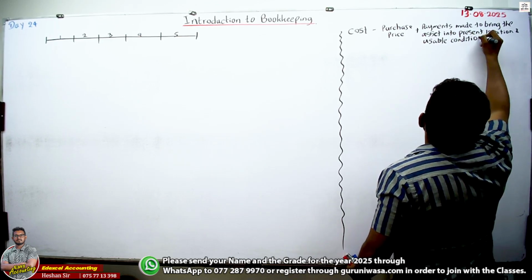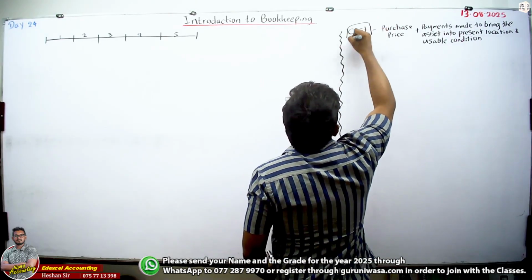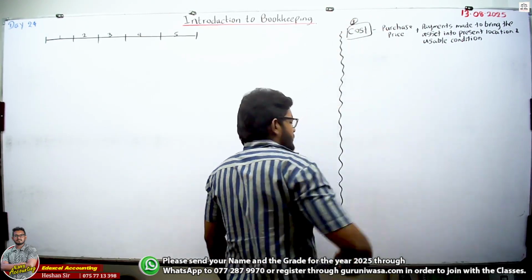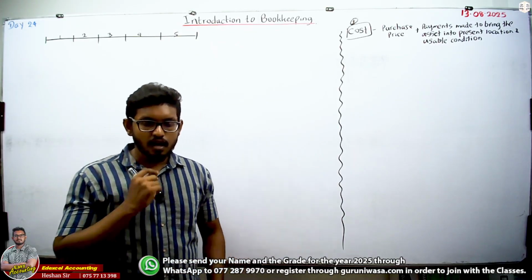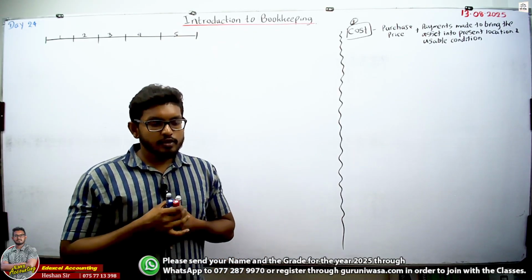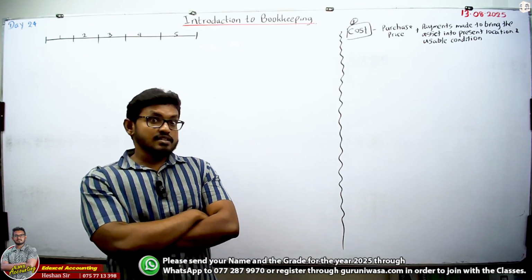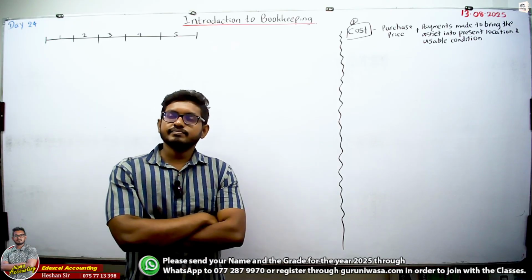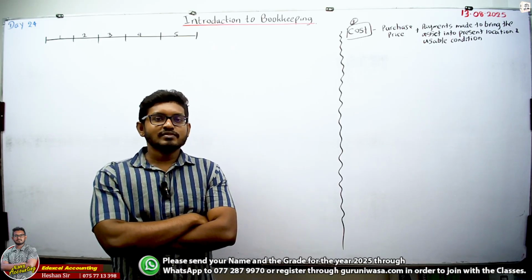It's like this. Now, the first element about the cost, right? Think you are going to purchase a non-current asset, a machine, from India.